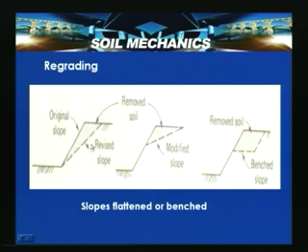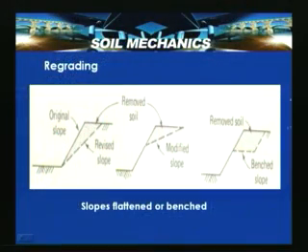Here this is the removed portion, and by removing this particular portion of soil, the slope is now like benching. So, provision of a berm or benching for slopes is also thought to be one of the remedial measures for increasing the factor of safety.